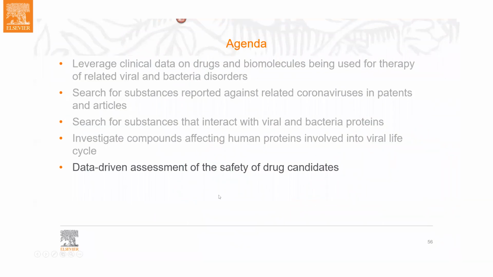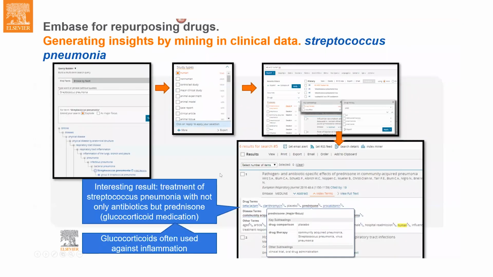And last but not least is the assessment of the safety of the drug candidate. It's a very interesting use case, and we will come back to Embase, and also we will talk a little bit about Reaxys as well. In Embase, for example, if you start from Streptococcus pneumoniae, you can find 6,000 papers. By limiting even to humans, by triple indexing drug therapy, you can find different drugs.